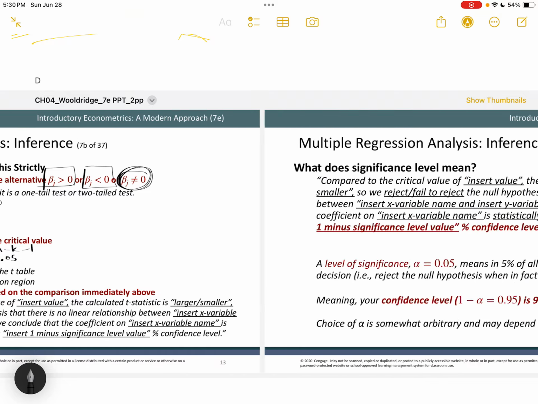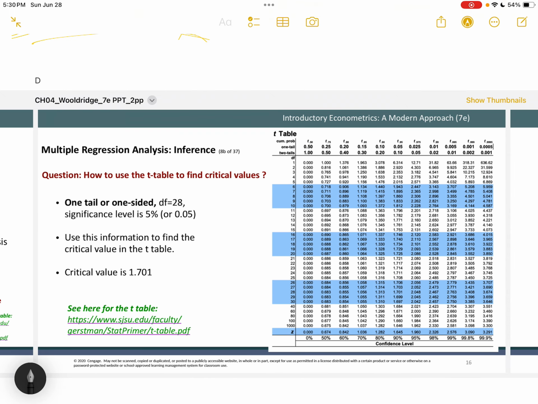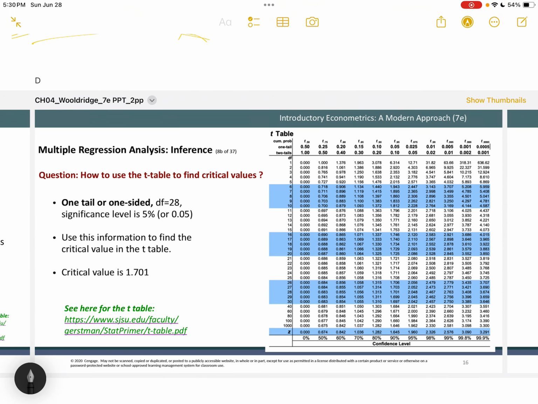So with these two ingredients, we find the associated critical value in a t-table. I will show you right now, in fact, how to do that. If you had a degree of freedom of 28 and you had the significance level 5%, the 5% significance level for a one tail is right here.